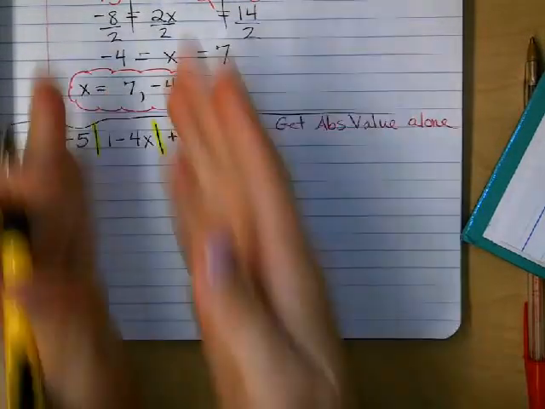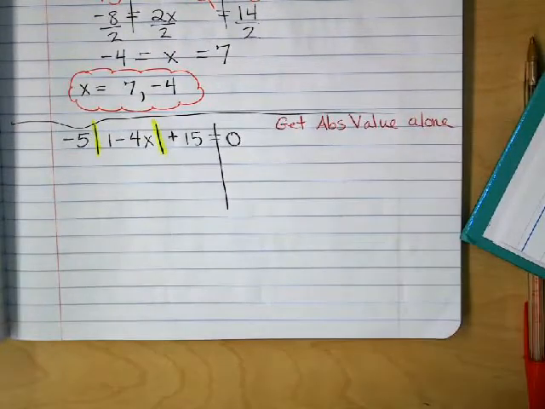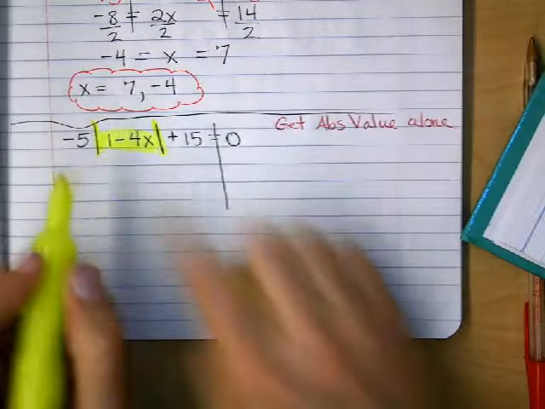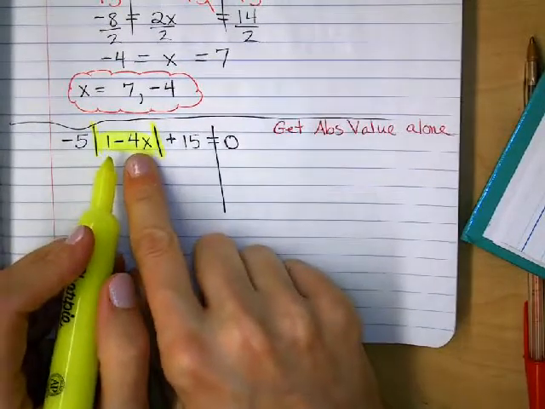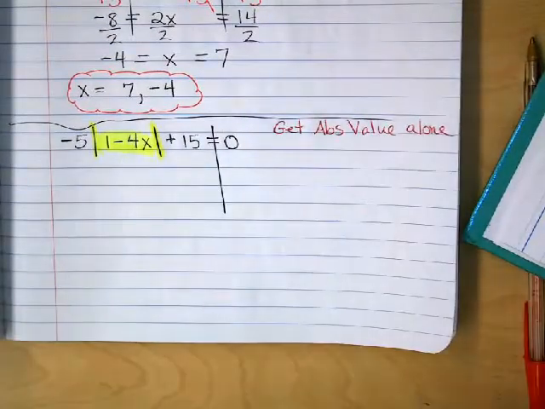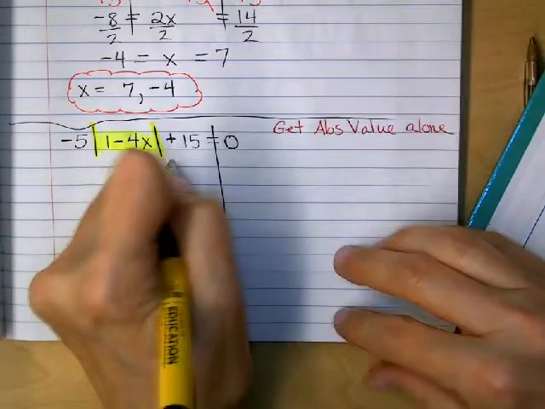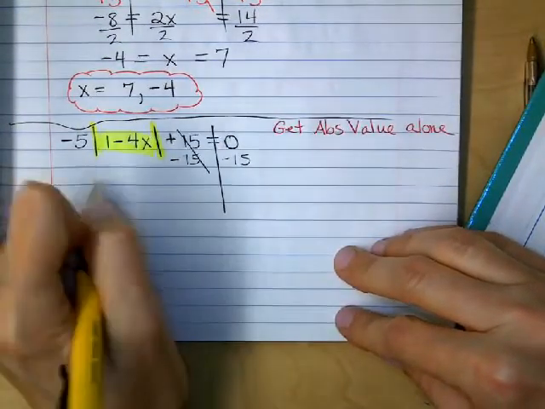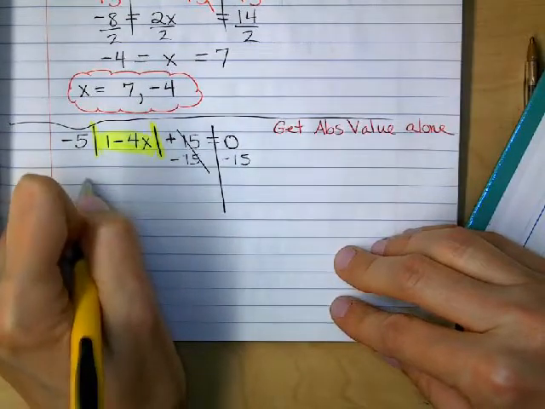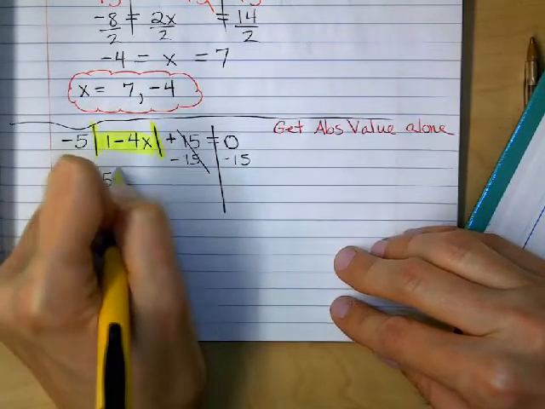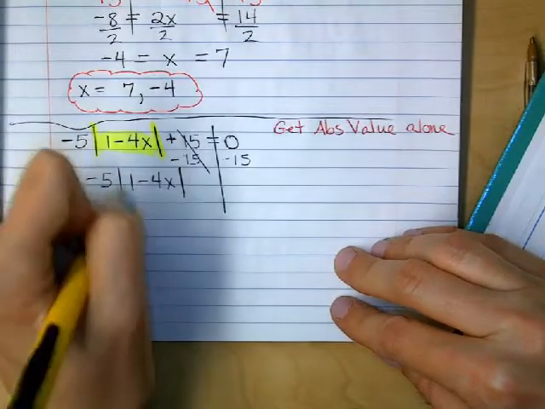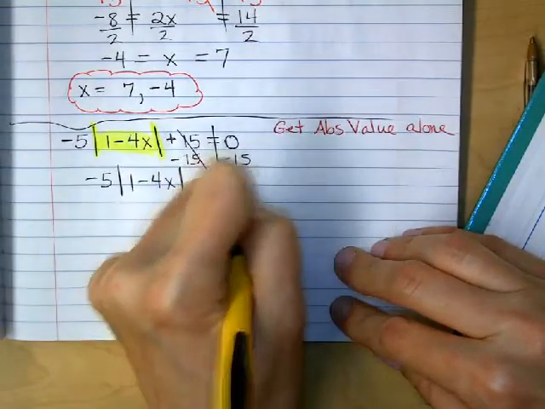So the part that's in the lines, this whole thing right here, if you're going to try to solve the equation, you need to get that alone. So you're going to have to subtract 15, bring that over to the other side. So then you have negative 5, 1 minus 4x equals negative 15.